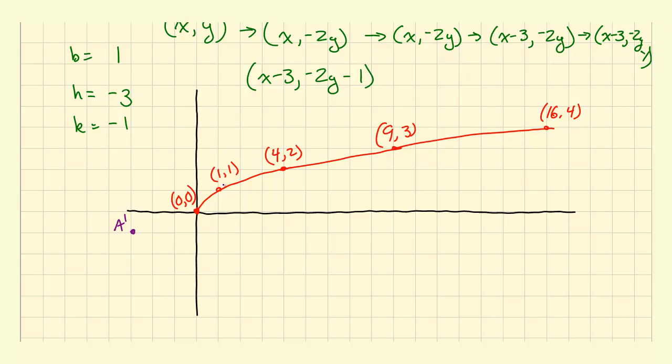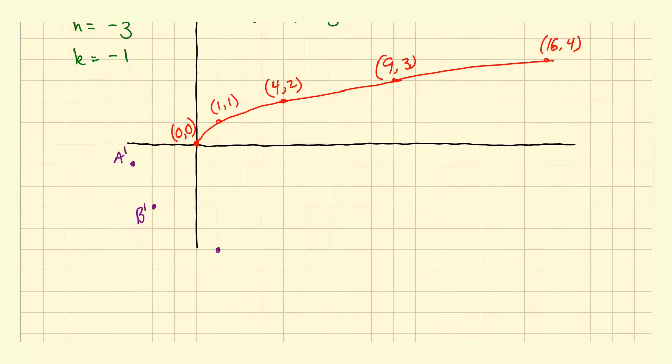Point B here at (1, 1) goes back 3, flips over the axis, makes it twice as far from the axis, and moves it down 1. C over here goes back 3, and then it flips over the axis, goes twice as far, and down 1.